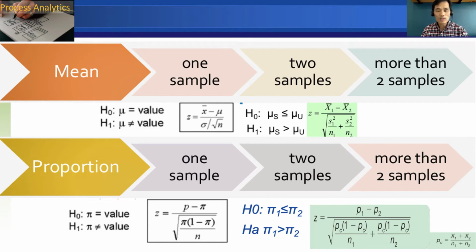Here PC means pooled proportion. That is defined by x1 plus x2 over n1 plus n2. So that's the more complicated version of proportion test for two samples. If you have more than two samples, at the time you're going to be using ANOVA rather than this formula.